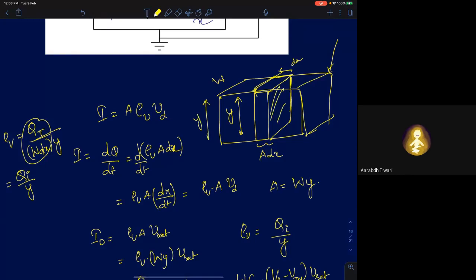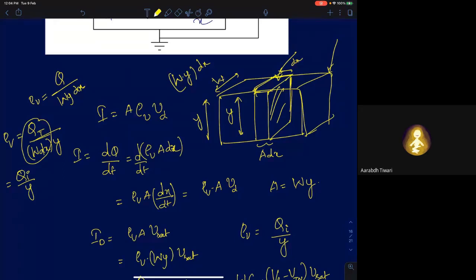This is W, the width. So the cross sectional area is W into y, and times dx is the volume of this region. Let Q be the charge enclosed in this region. Then that divided by Wy dx will be your charge density. This is the number of charge per unit volume.